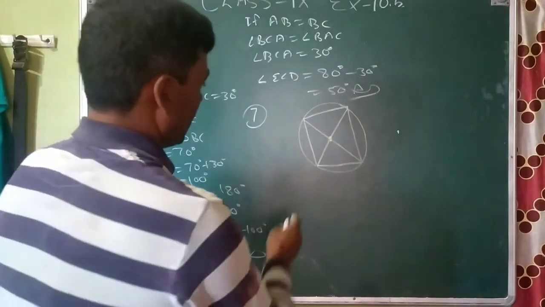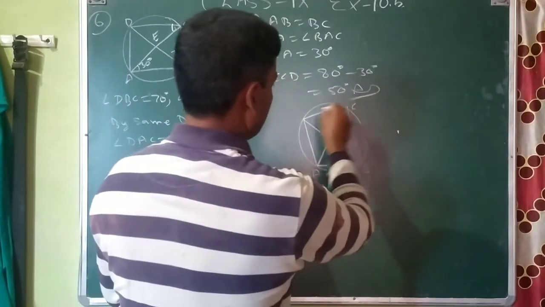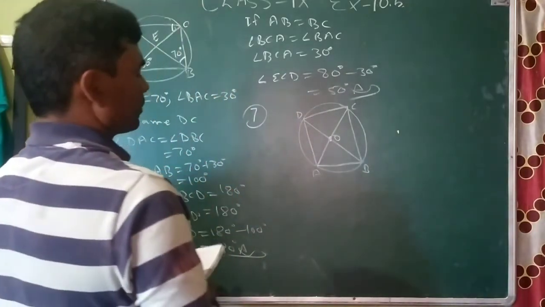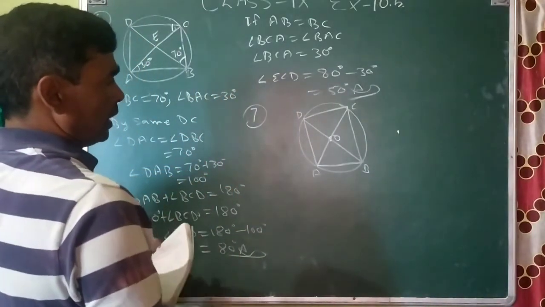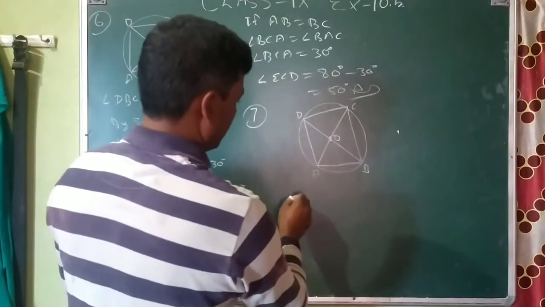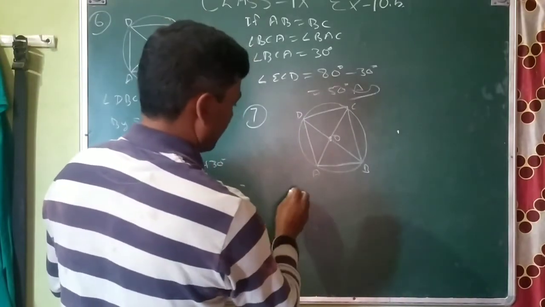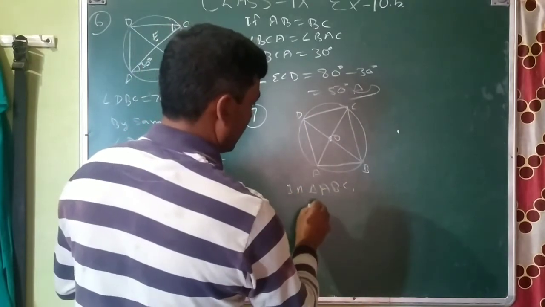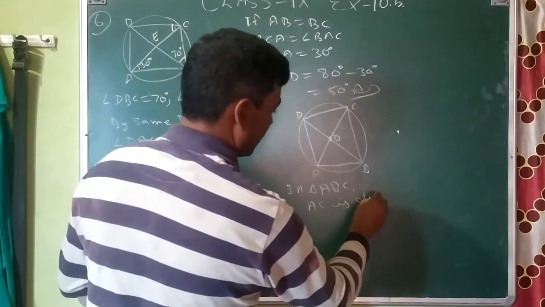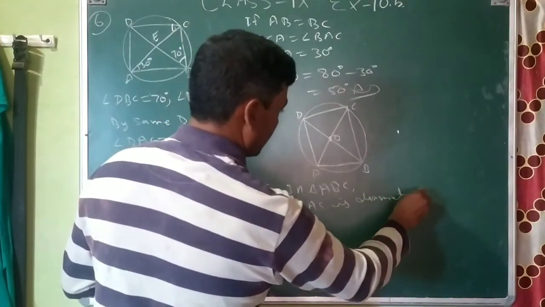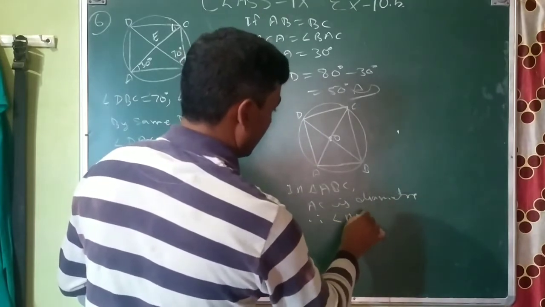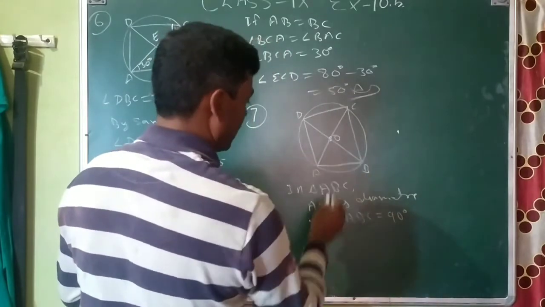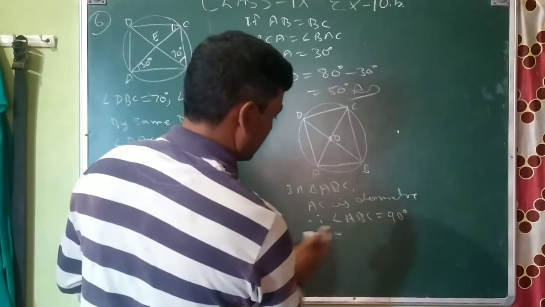The diameters of this one: A, B, C, D, and this will be O or any point. You can see here that in triangle ABC, AC is a diameter, so angle ABC is equal to 90 degrees by the semicircle.